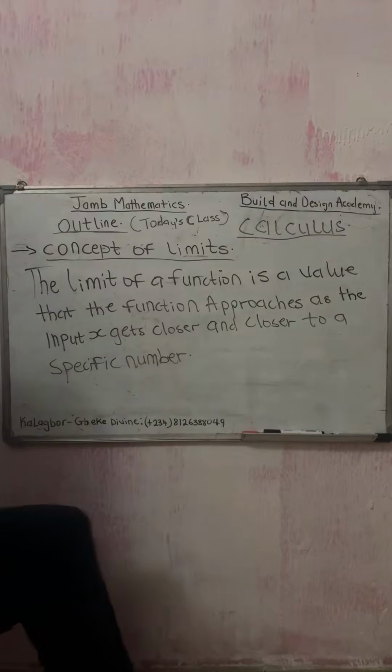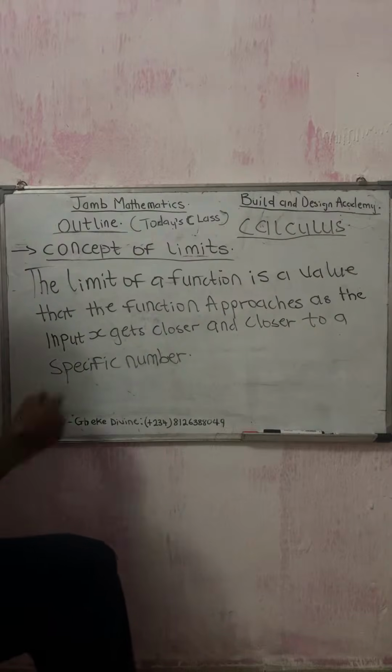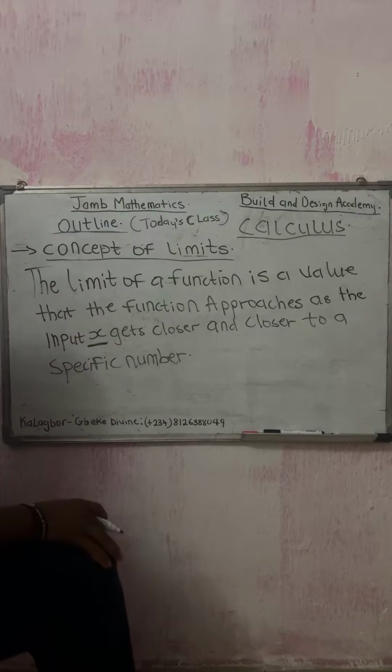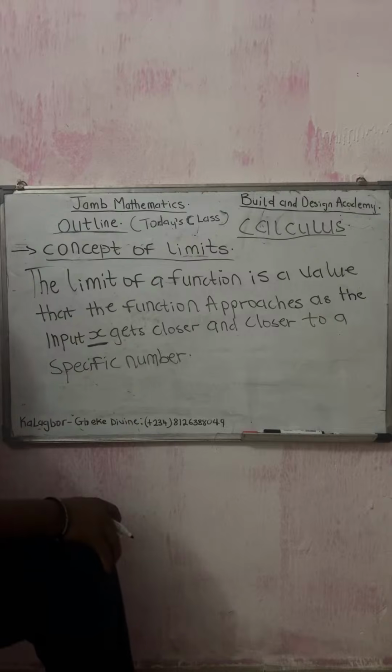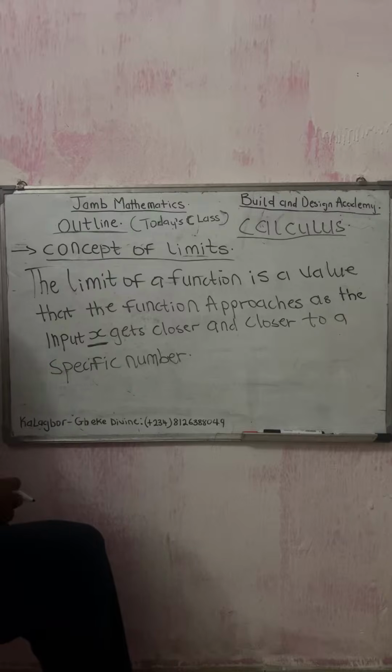So please write this down. The limit of the function is the value that the function approaches as the input x gets closer and closer to a specific number. It allows us to examine the behavior of a function at points where it might be undefined or difficult to calculate directly.